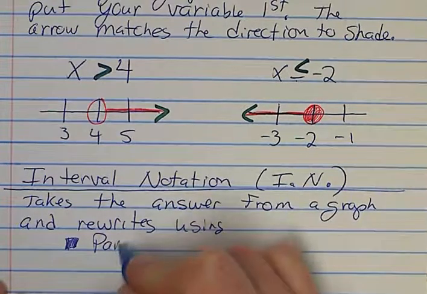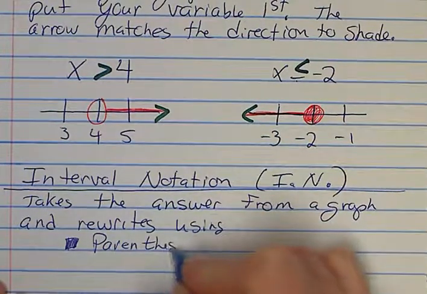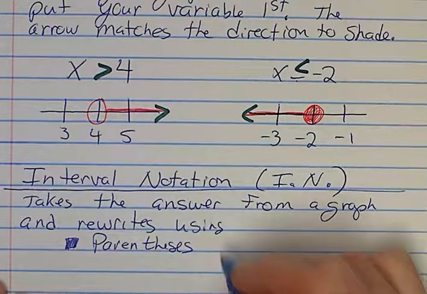If you have an open circle, it's going to use parentheses.